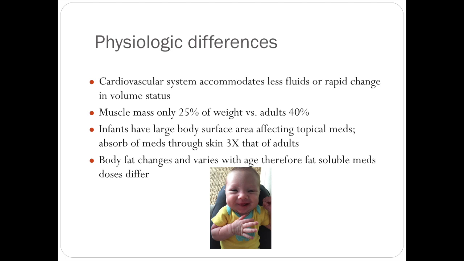Their body fat changes and varies with age, and therefore fat-soluble medication dosages may differ. We don't make a huge adjustment based on body fat unless it's something like a chemo drug, where if you have an obese person, you have to dose them on their desired body weight, not their actual.